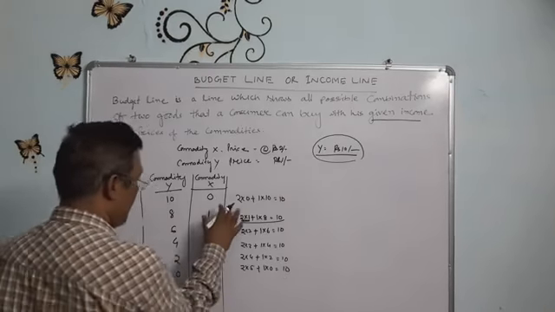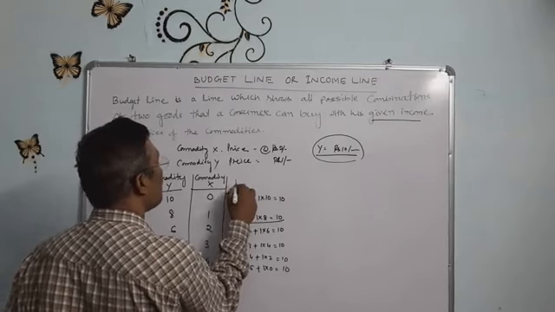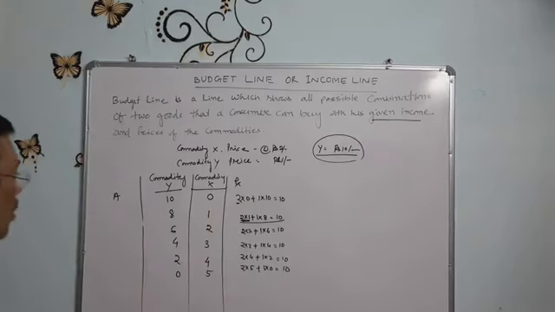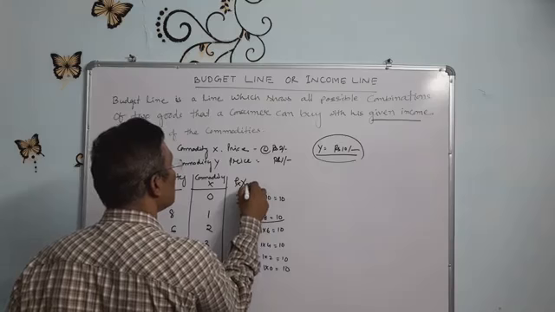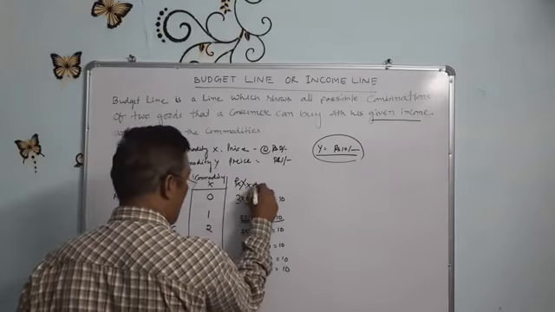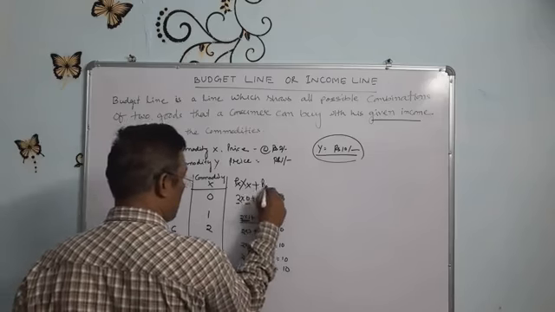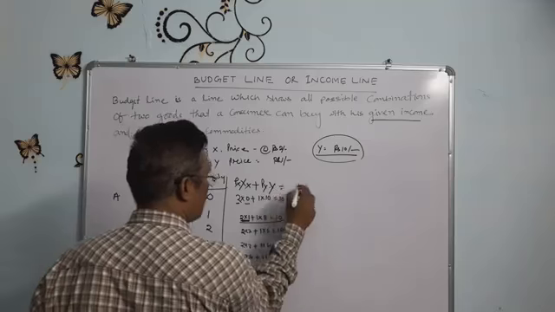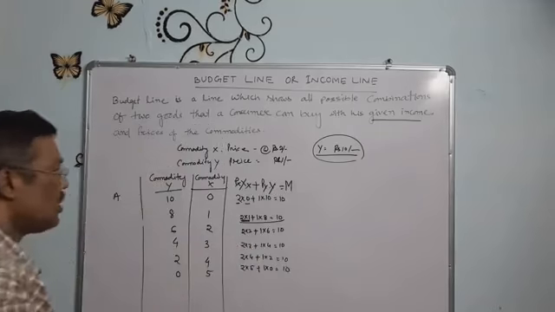So what I have written here is 2 into 0. What is 2? Price of X goods. What is 0? 0 is the X units of goods, plus 1 is the price of Y goods into Y units, equal to the income or money, which is 10.